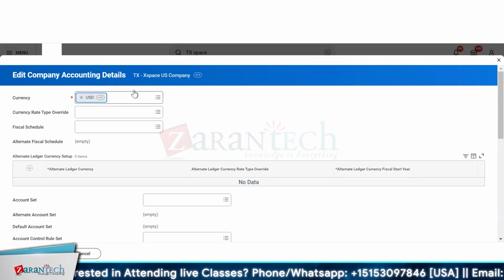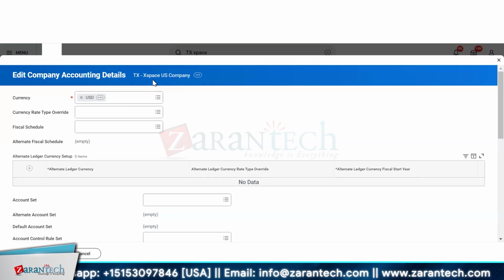You cannot change it. If mistakenly you have selected, you made the transaction and later on you want to change, the system will not allow you in any case. So you need to define another company to change the currency. So it is very important to decide carefully at this moment. So that is USD.